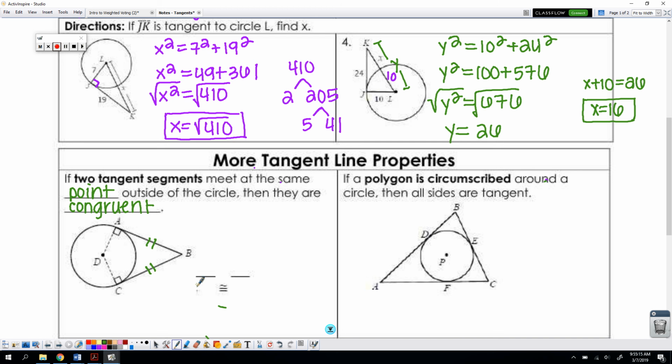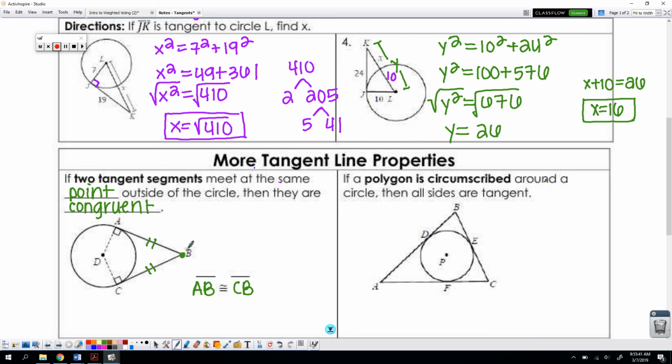And we can write it. AB is congruent to CB. Sorry about that. All right. So what we have here is that point B is the point where they meet, and they both touch the circle and are tangent. So what that means is that they are equal to each other.